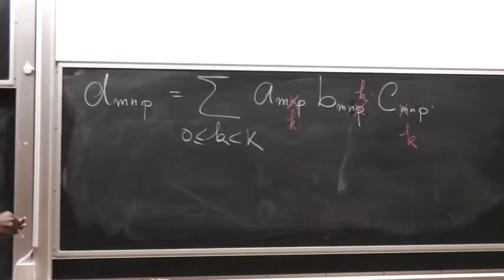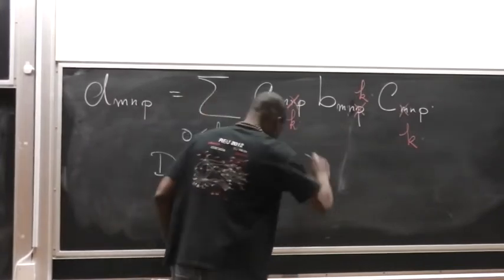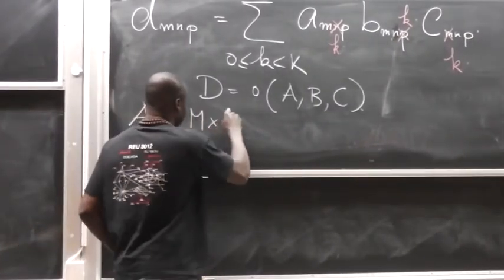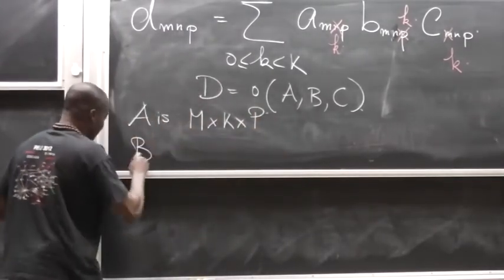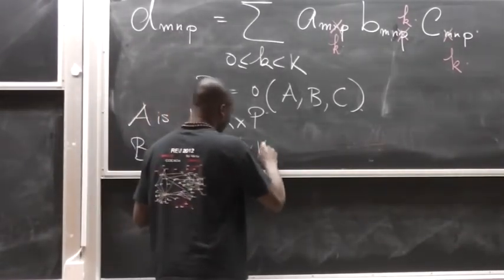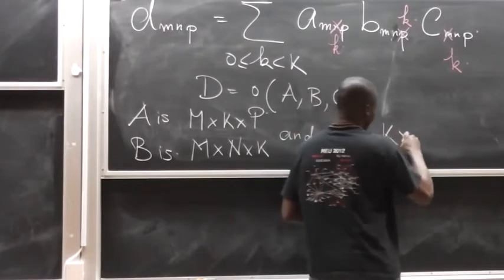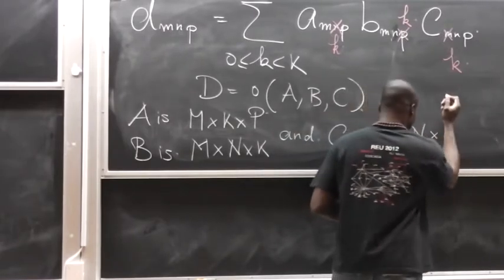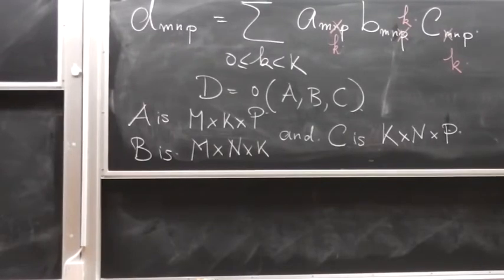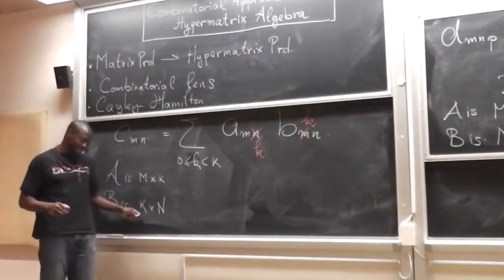Okay, so here I'm saying that if you want to do the product, which is noted this way, D is the circle of A, B, C. A is a capital M by capital K by capital P. B is a capital M by capital N by capital K. And C is capital K by capital N by capital P. So just as for matrices, there are constraints which tie the matrices you can multiply, namely the number of columns must match the number of rows.